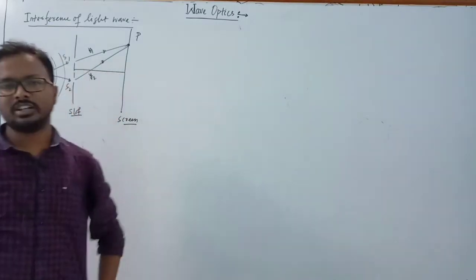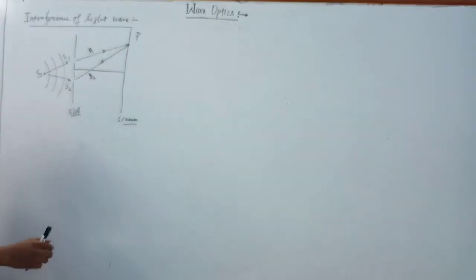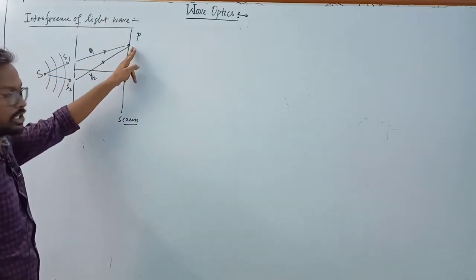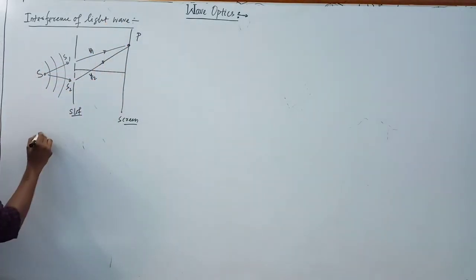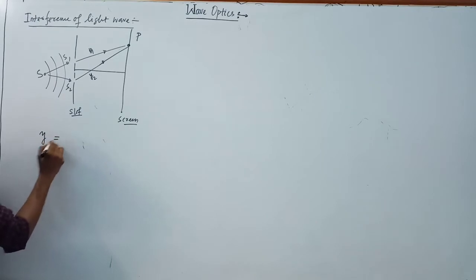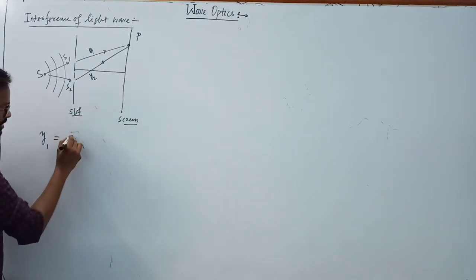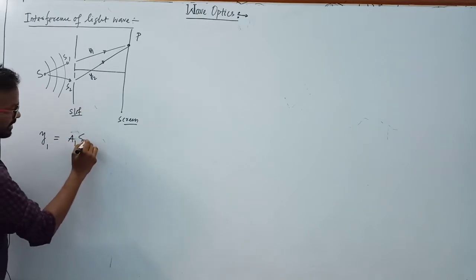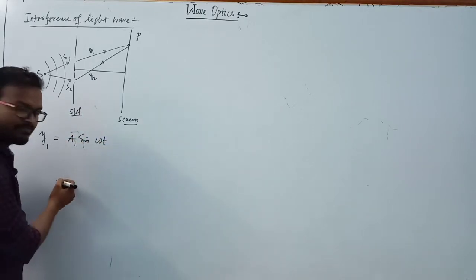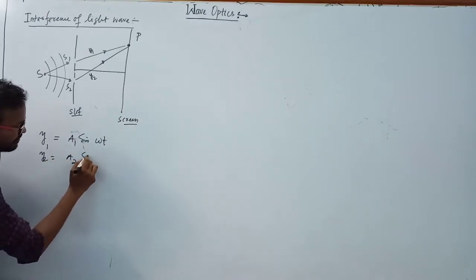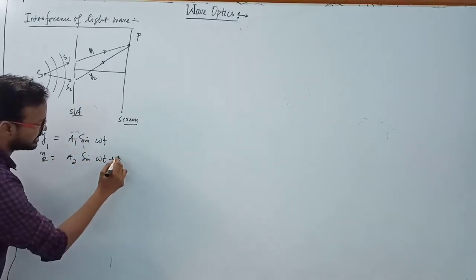Now we have to show how we get minimum intensity and how we get maximum intensity at a particular point P. Suppose there are two waves. For y1 we can write the amplitude, suppose a1 sin omega t, and the second wave we can write as a2 sin(omega t plus phi).